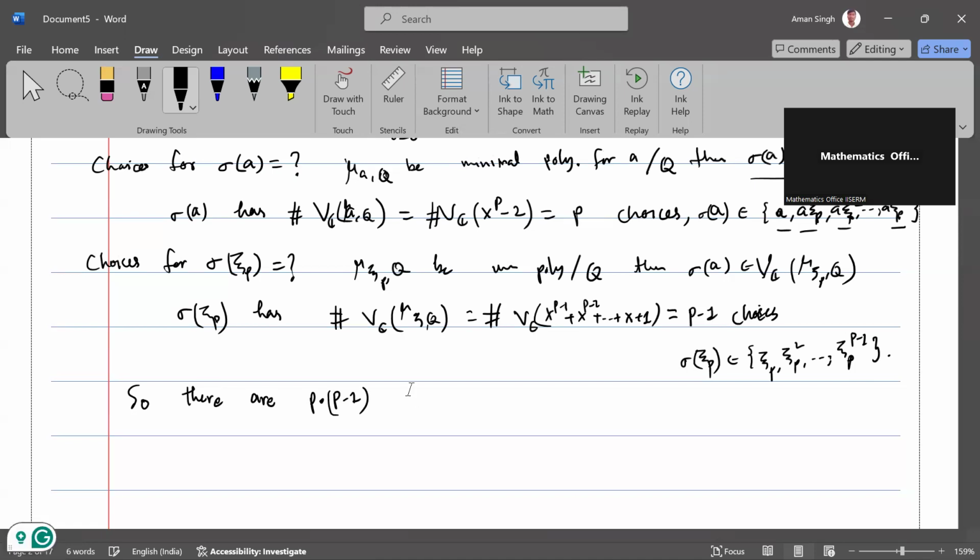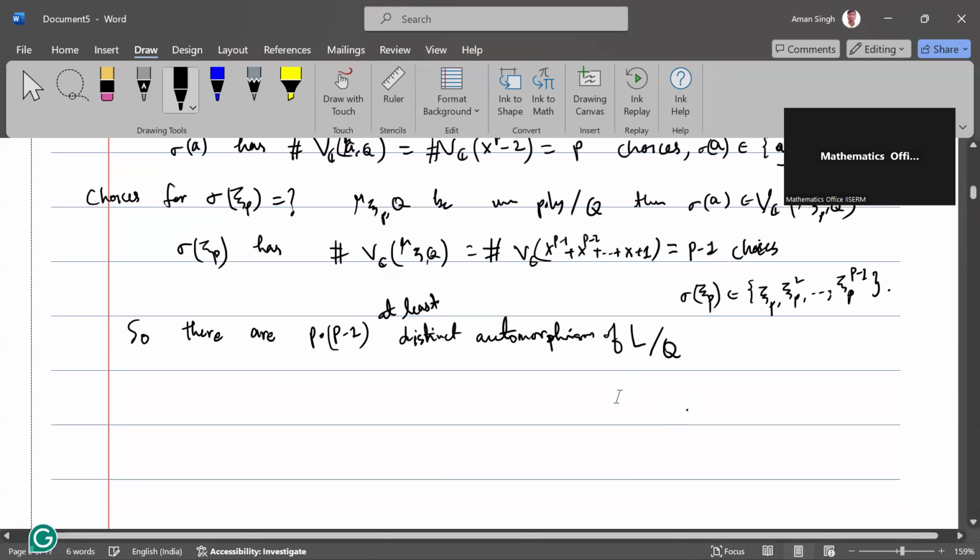There are p into p minus 1 distinct automorphisms of L over Q.